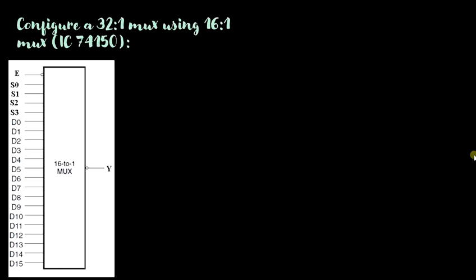So here is the pin diagram, or I can say the block diagram of a 16:1 mux, that is corresponding to 74150, wherein I have the active low enable pin which I need to provide as logic 0.